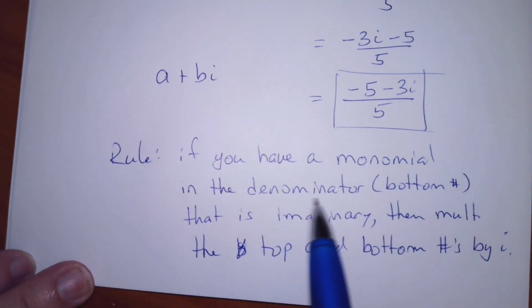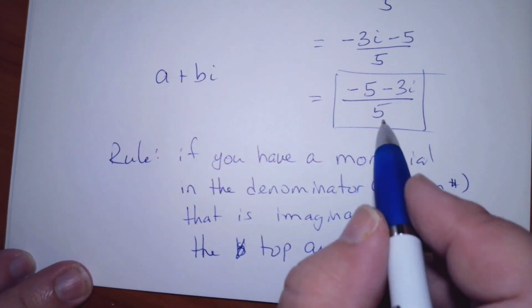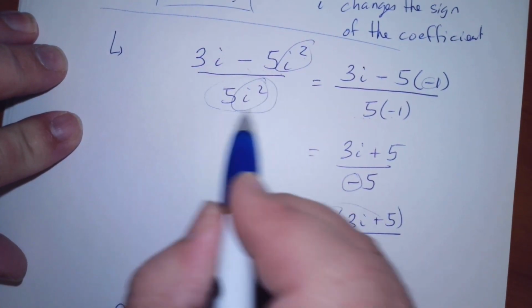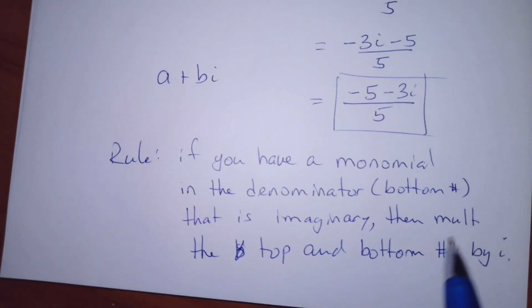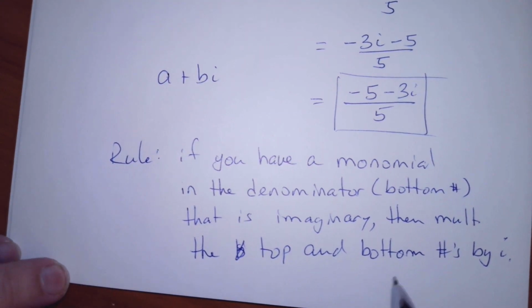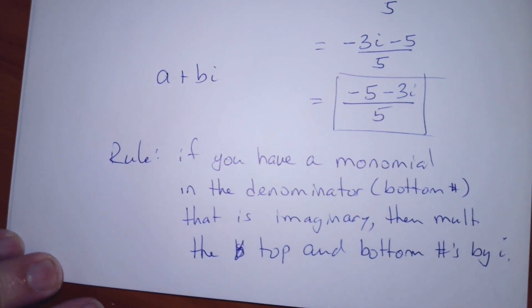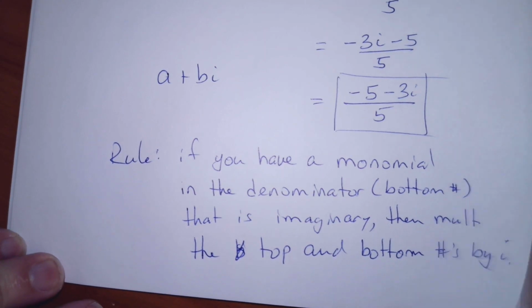If you have a monomial on the denominator, a single number, like we had here, then multiply top and bottom by i, because that'll get rid of the i on the bottom.